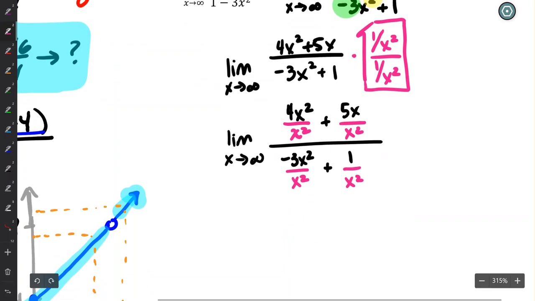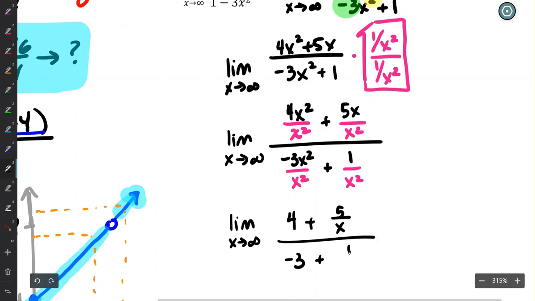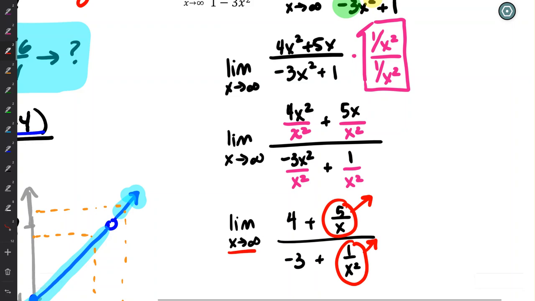All right. Simplifying here, we've got 4 plus 5 over x all over a minus 3 plus 1 over x squared. Now each of these are on their way to 0 as x is getting really, really big, right? 5 over huge, there's $5 in the US, you all get to share it.